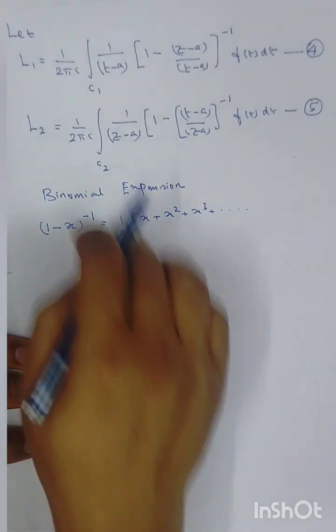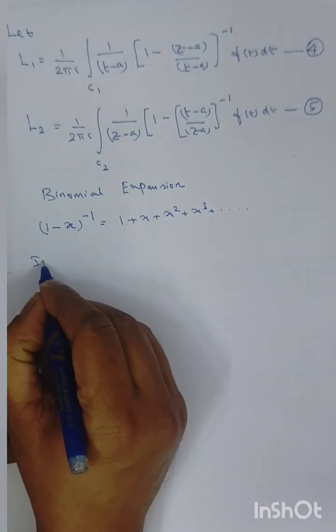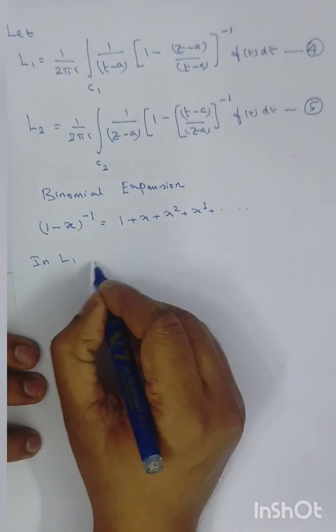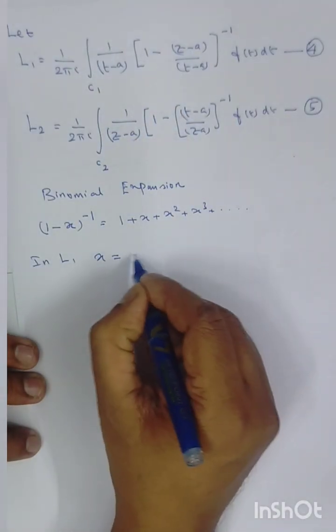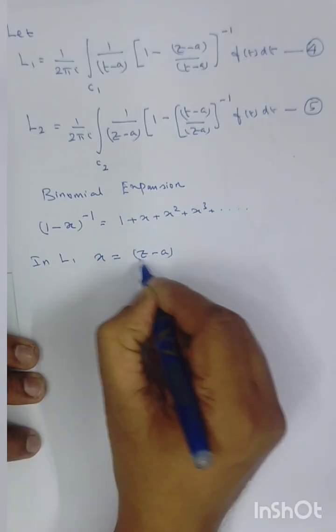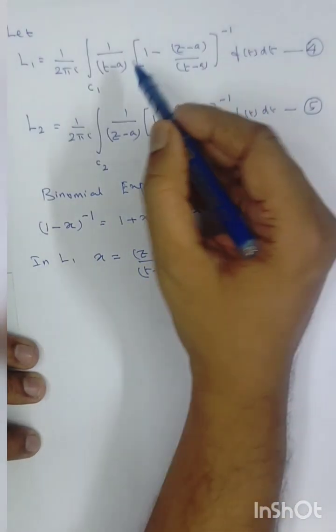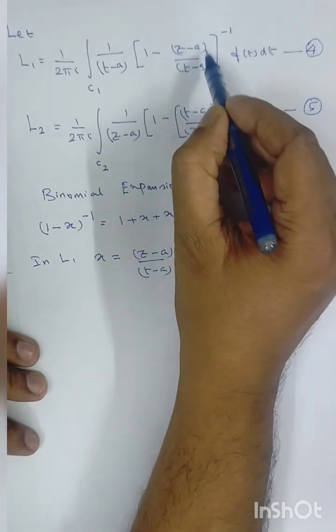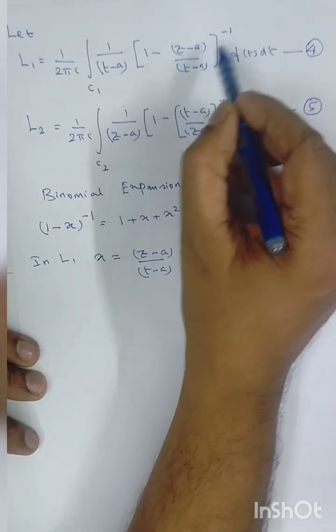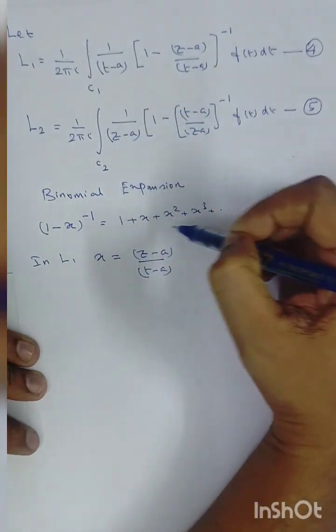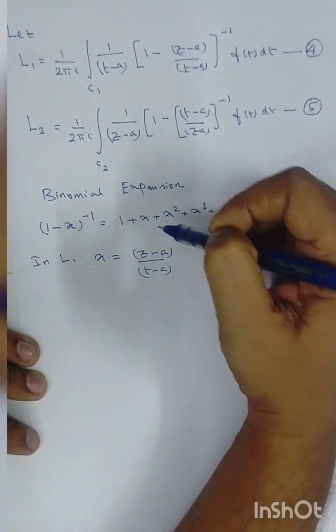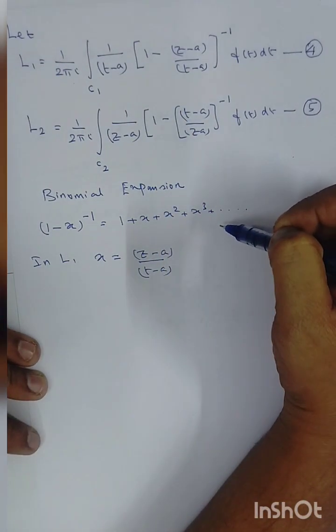Now we will apply it here for L1. So in L1, let x be equal to z minus a divided by t minus a. You see, if this term is x, then this is 1 minus x whole power minus 1. So we will expand in this way, 1 plus x plus x square plus x cube plus etc.